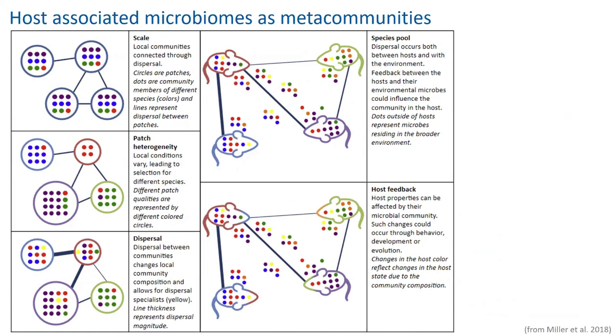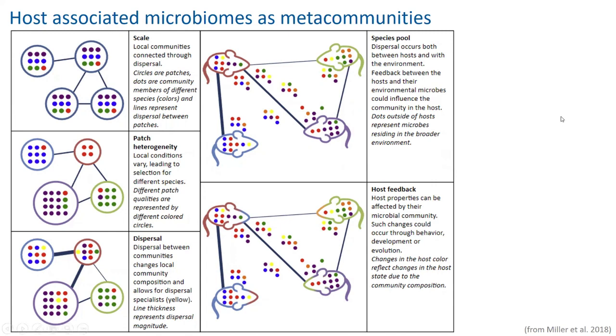These are not necessarily agent-based models, but you can have different compartments. These are the local communities, which are connected via different dispersers or even flows of nutrients or other things. And then you can also model heterogeneity of these compartments and different dispersal rates.